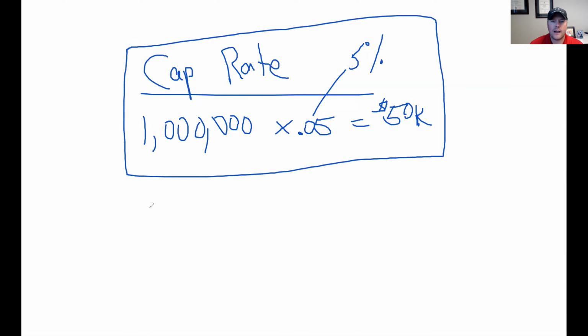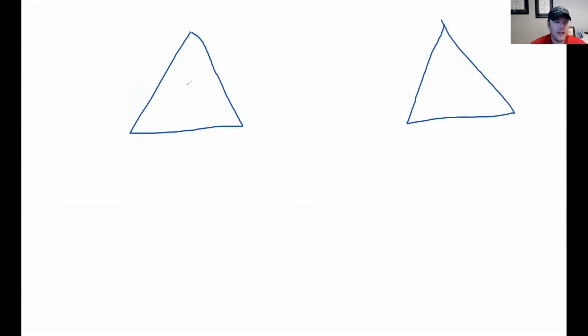If I go after, let's just say, a middle of the road Class B property, we're going to compare two different properties. Let me clear all my drawings and start from scratch. I'm just going to say this triangle is multifamily property A, and this is B. That's just labeling them, not saying the asset class.